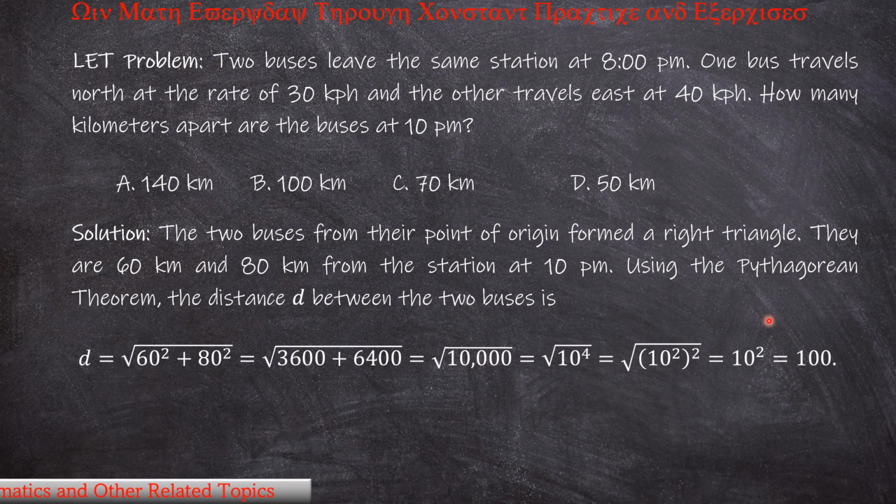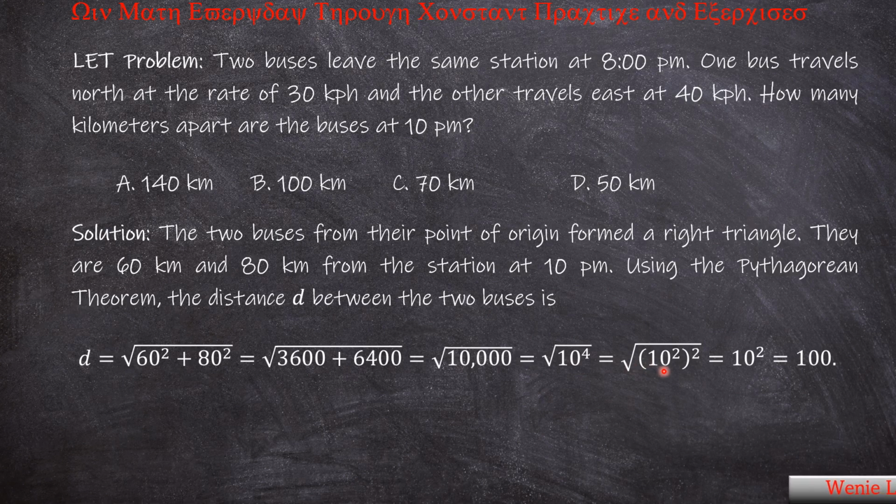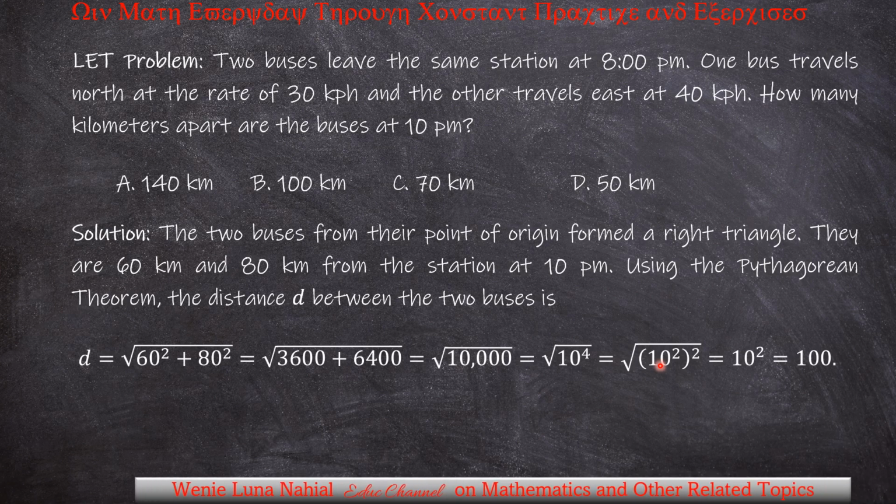So we have the square root of 10,000. And this 10,000 can be written as 10 raised to 4. So we have the square root of 10 raised to 4. And then this 10 raised to 4 can be written as 10 squared raised to the second power.